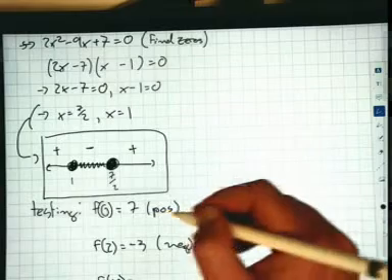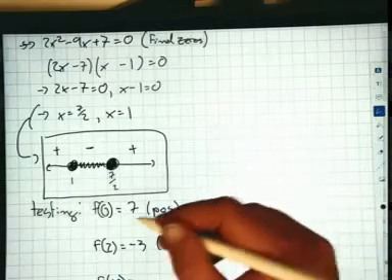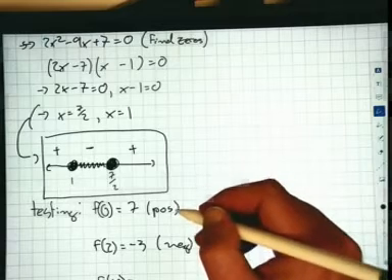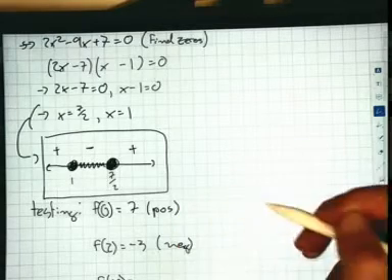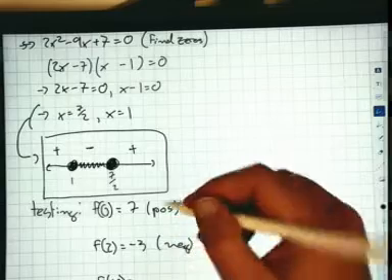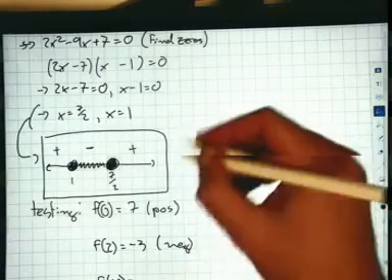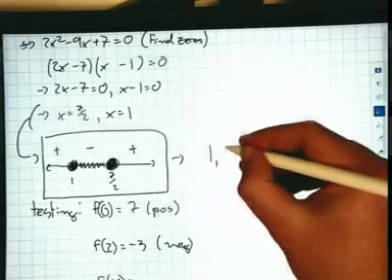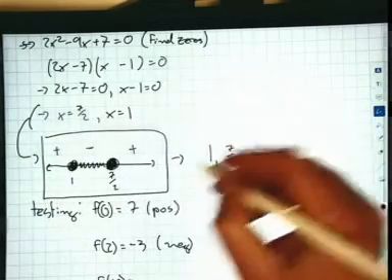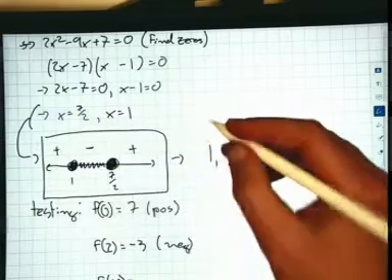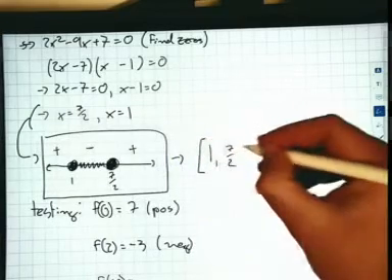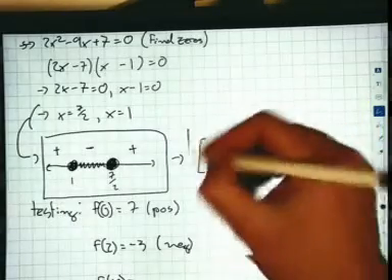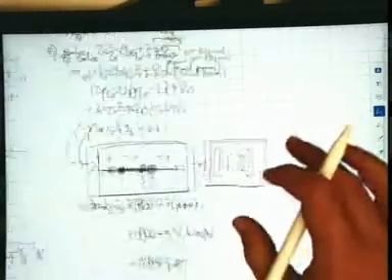This testing you can do with your calculator, or you can do like I did, in my head, and all I cared about was positive, or whatever your output value is. So now I'm going to put this in interval notation. We have 1 to 7/2, but because of the solid circle, we want to put brackets. And there is our answer in interval notation.